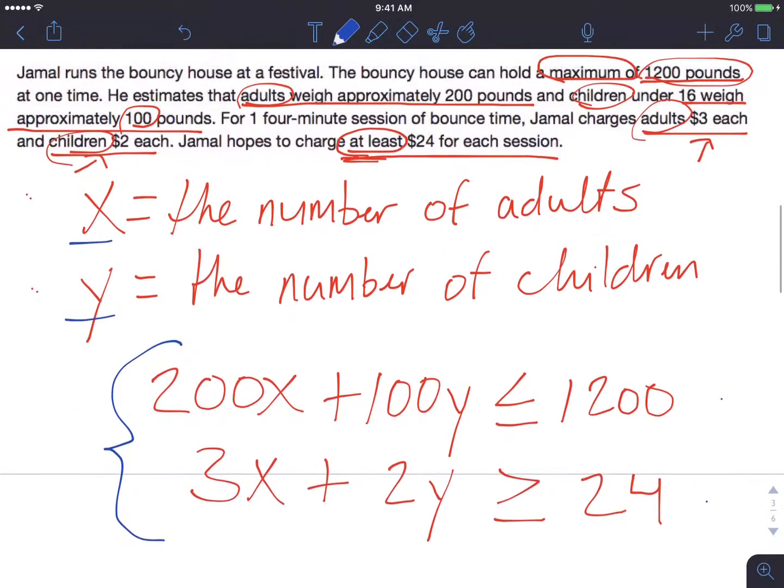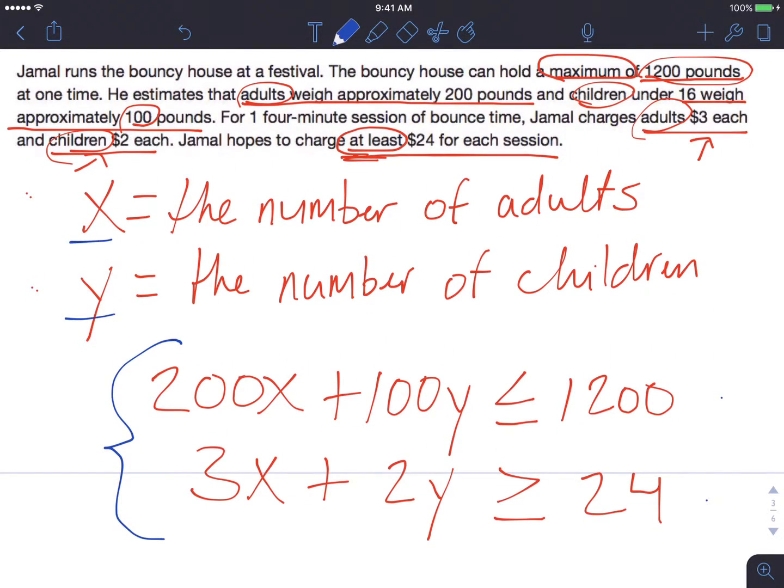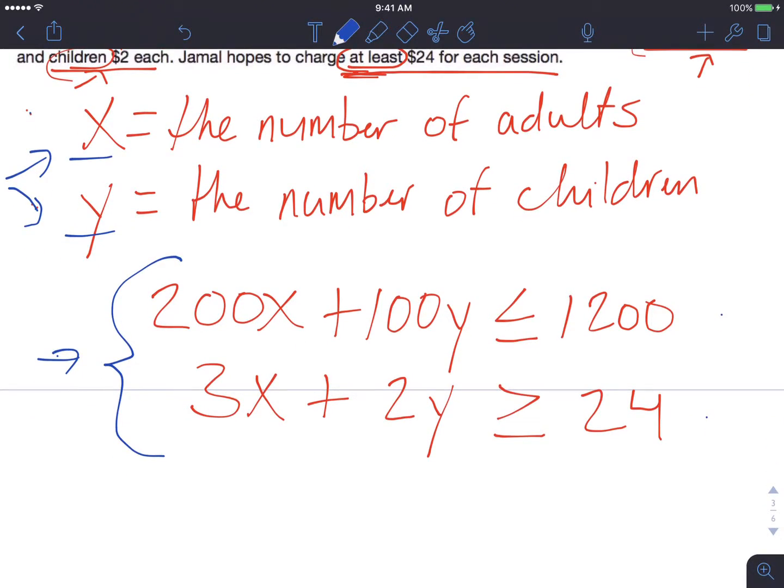I didn't put the instructions on the video, but this particular problem is only asking you to define the variables and to give a system of linear inequalities. Okay? And that's it. Once you get good at this, then we start solving the system, and we've done this before. Alright, thank you very much.